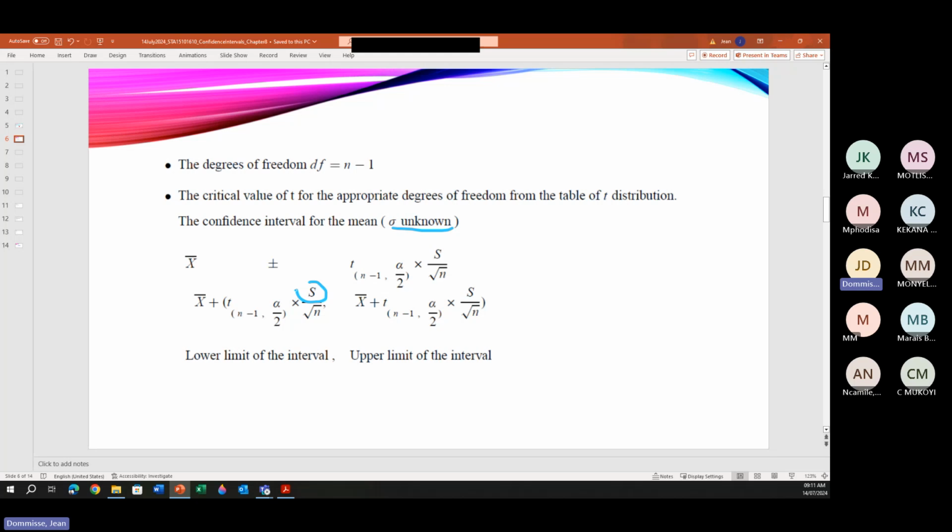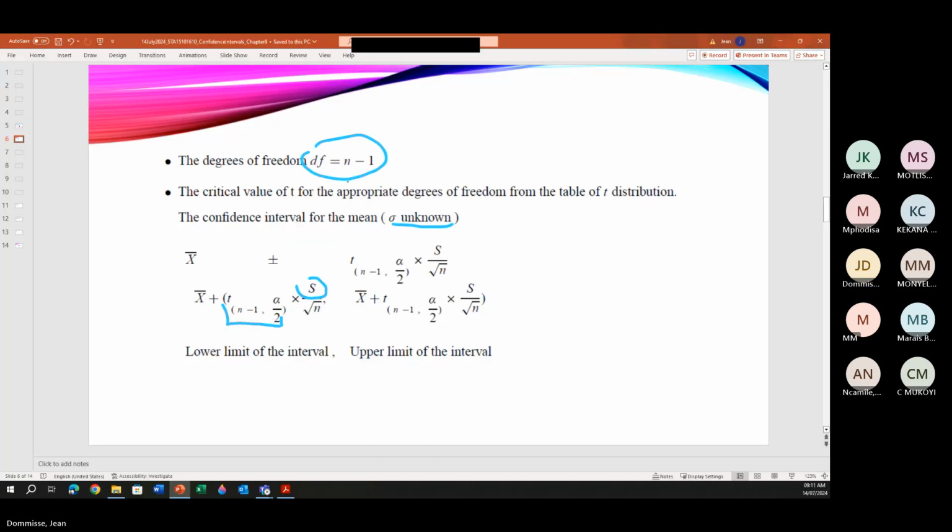So instead of population standard deviation, we use S for the sample, and instead of the Z, what we bring in is your T distribution. Okay, so in your T distribution, what is important is we will need to work out the degrees of freedom. And the degrees of freedom is just your sample size minus 1.